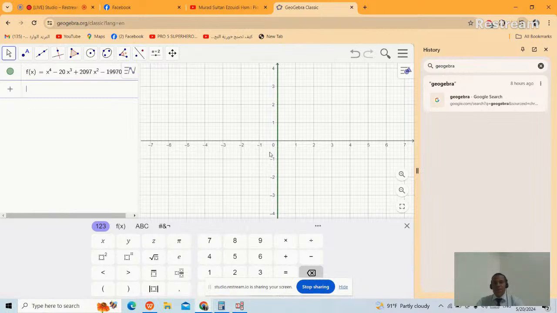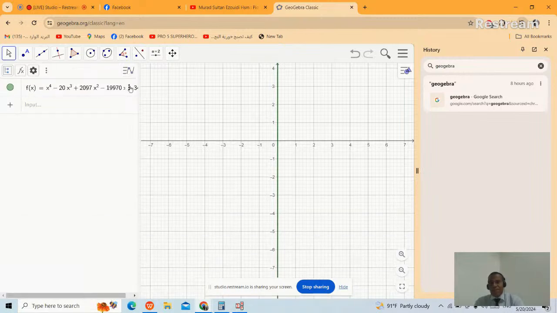Even the graph, it can do it. But I will come here and tell it, please give me the roots at least. This method of GeoGebra makes multiple tests, meaning it uses artificial intelligence.